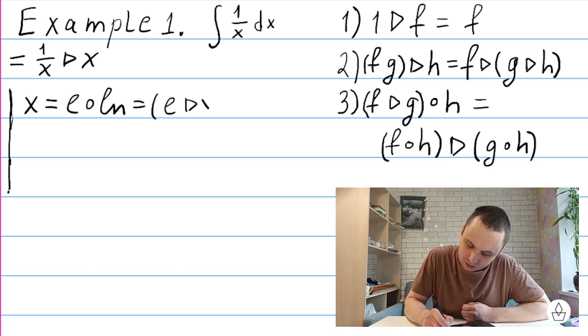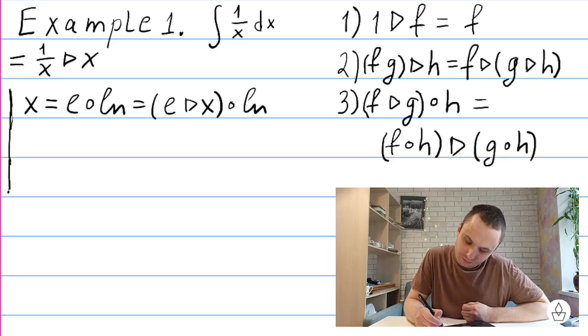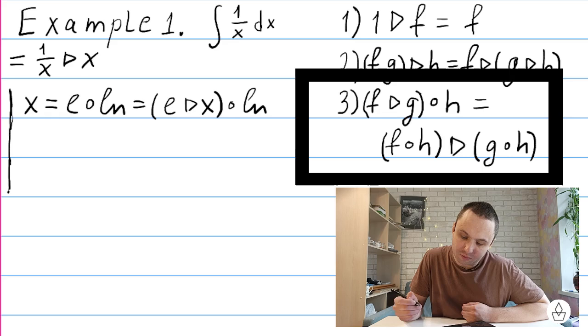So exponent integral x composition logarithm. Notice that here we use the integral axiom for the first time. That is the expanding brackets rule.